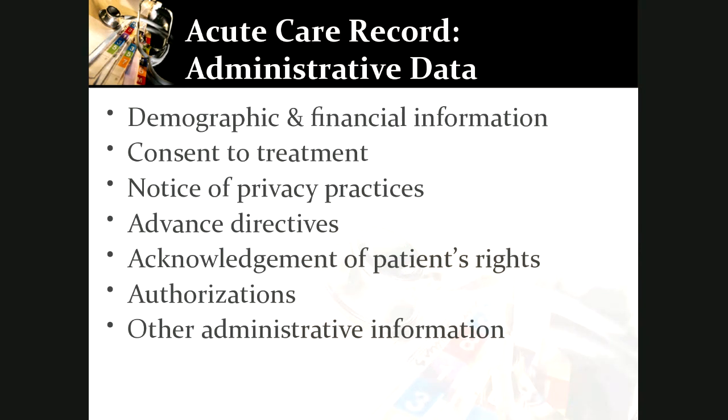Authorizations, consent to treat, authorization to release information or discuss the patient's information with family members or a certain person, authorization for different types of treatments, those types of things. Then there may be some other types of administrative information. Next slide.